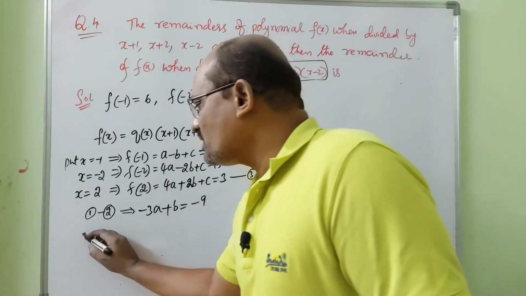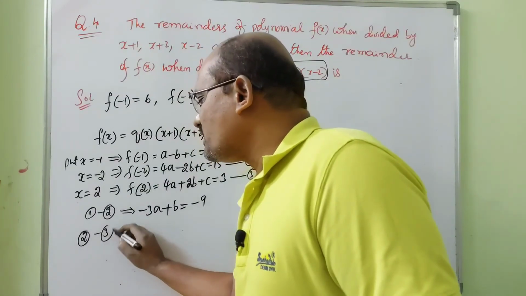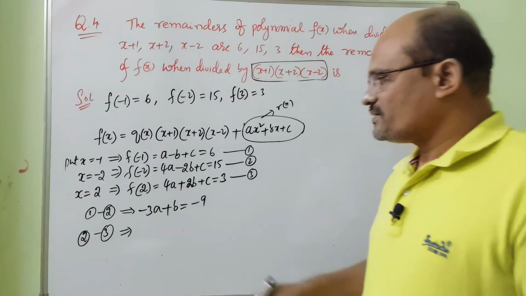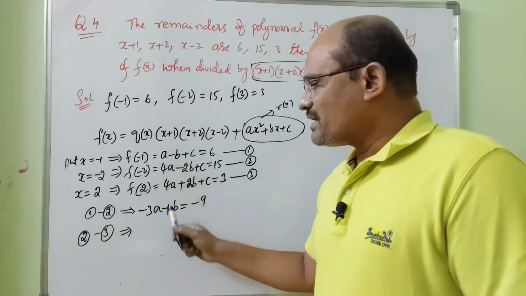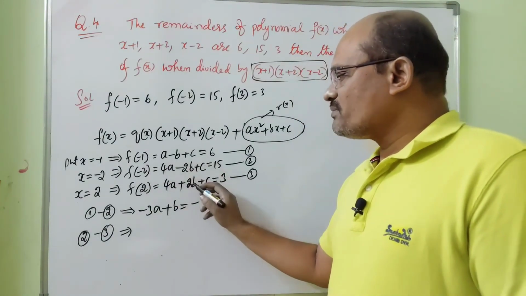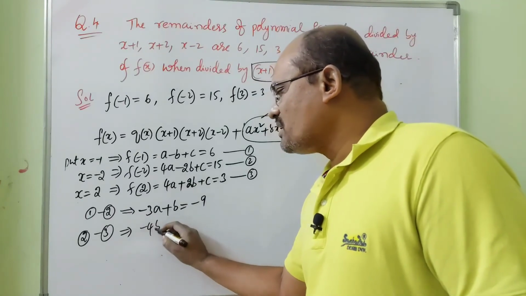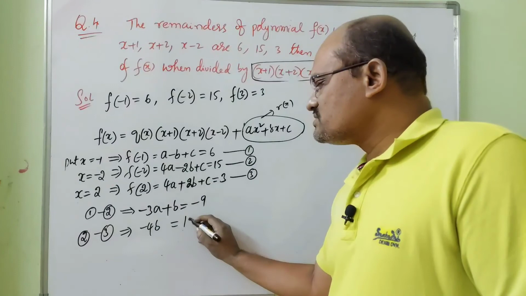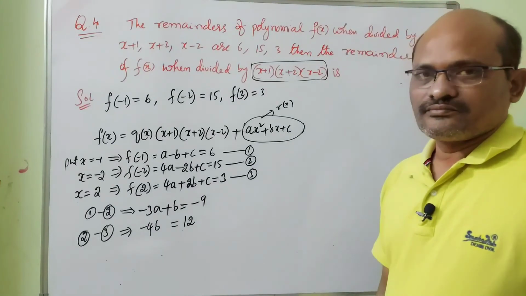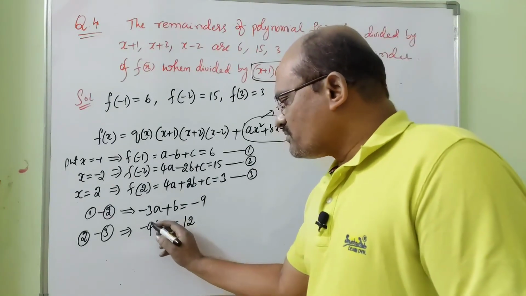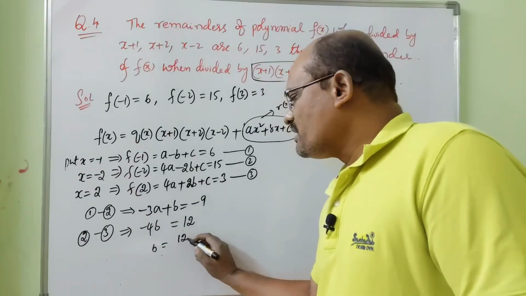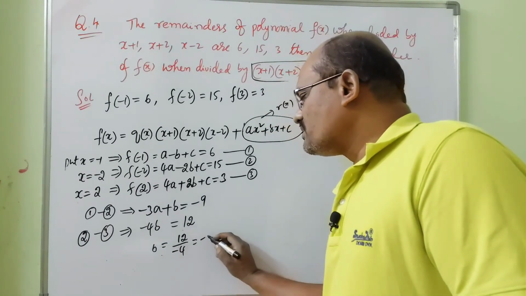Now subtract 2 and 3. 4a minus 4a is 0, minus 2b minus 2b is minus 4b. c gets cancelled, equal to 15 minus 3 is 12. Now from this b can be written as 12 by minus 4, that is equal to minus 3.